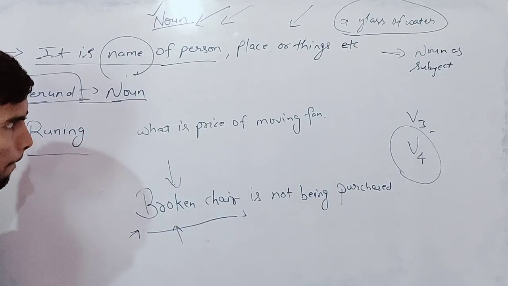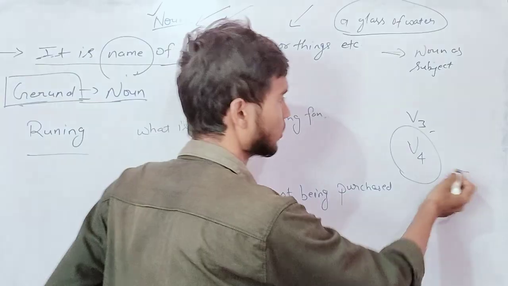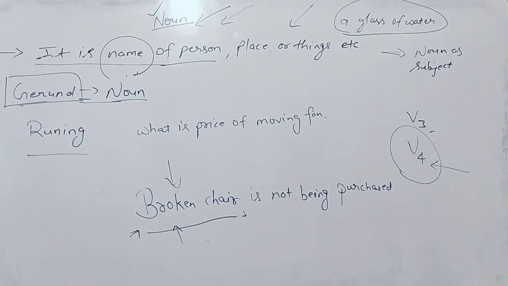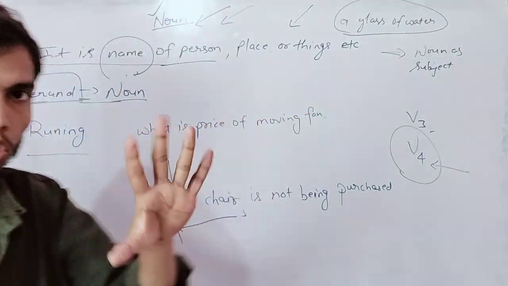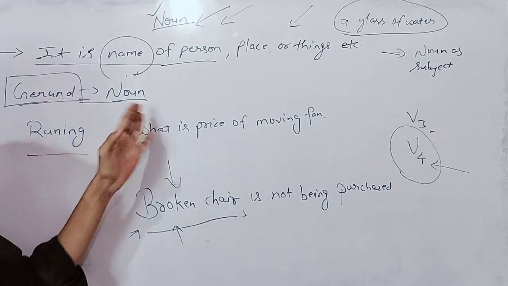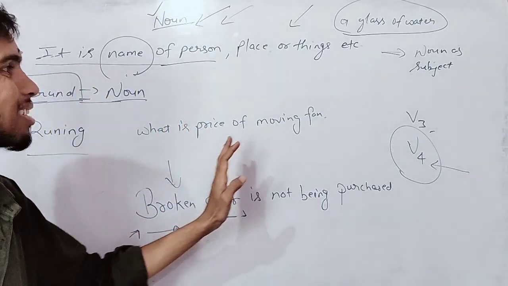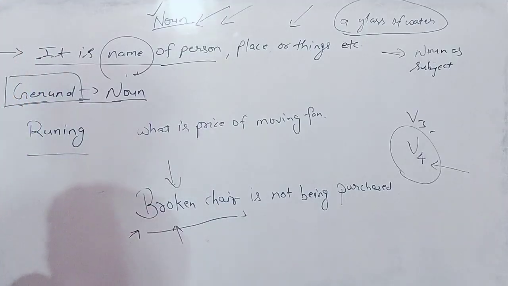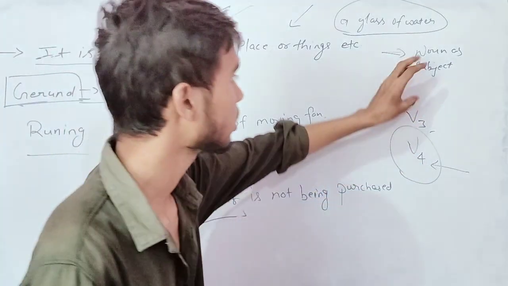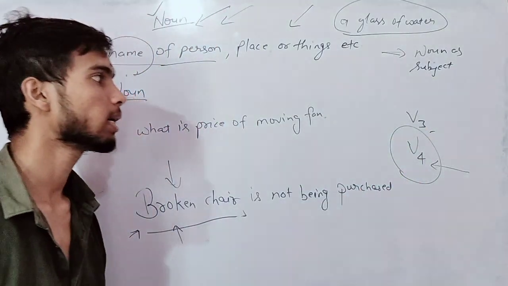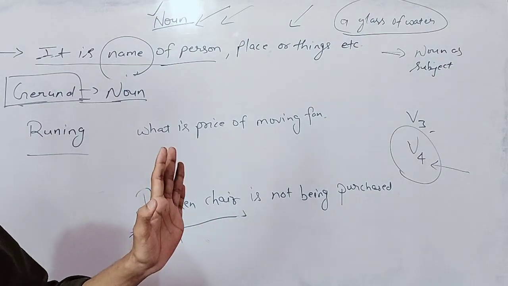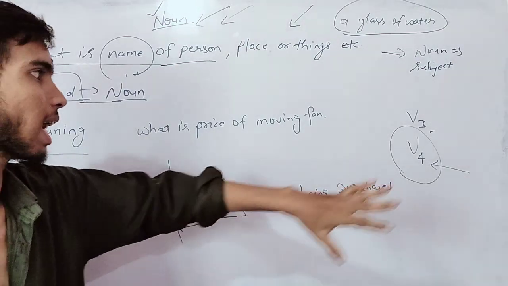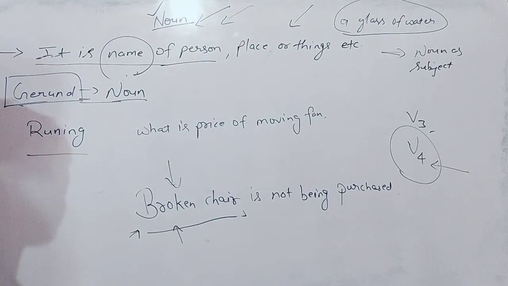Now what else? Before, I had told you the use of gerund noun in a sentence. Now I am telling you the use of V3 before, not as a verb, but as an adjective.